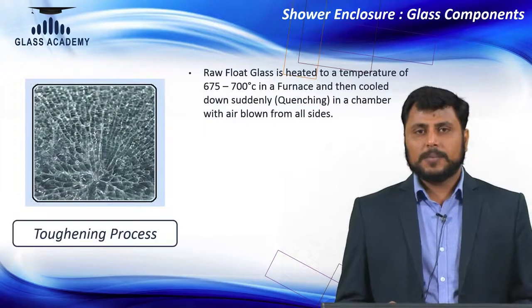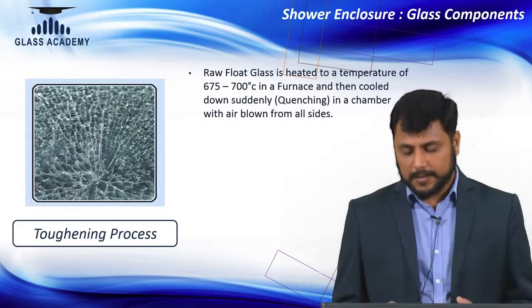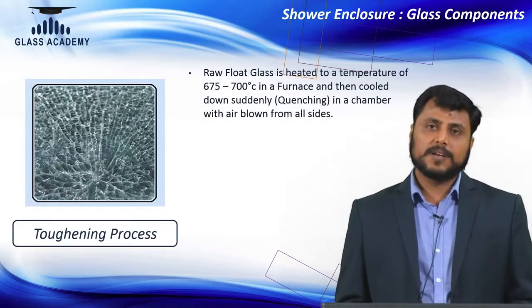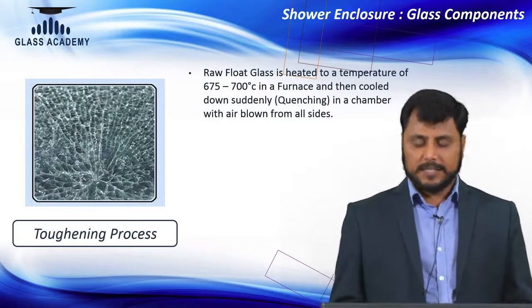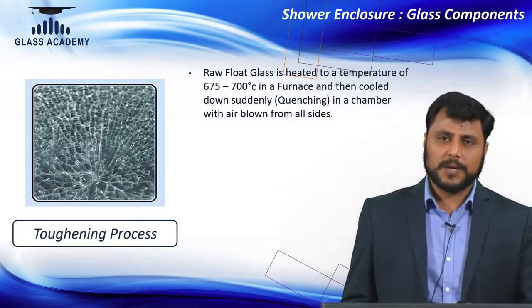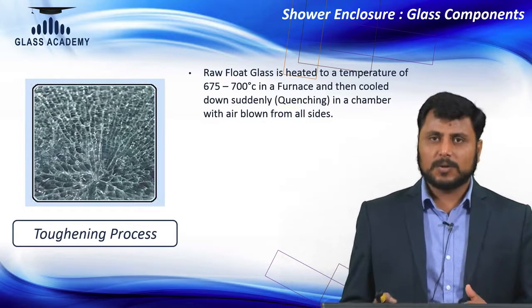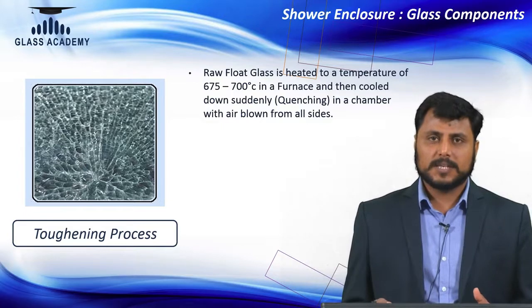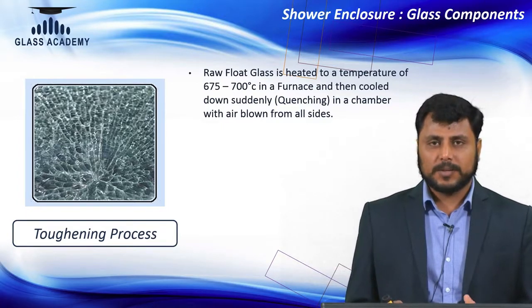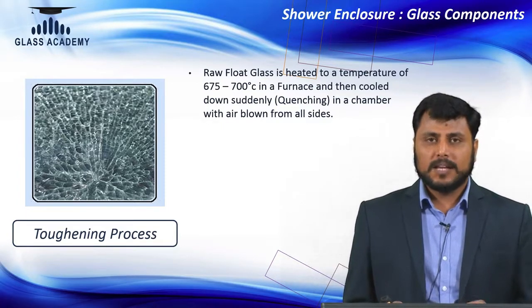Coming to the components of this glass: why toughening, and at what temperature does toughening happen? 675 to 700 degrees Celsius. For how the toughening happens, you can go through our processing and toughening process line; there is a separate module for it. Here I will explain in brief.